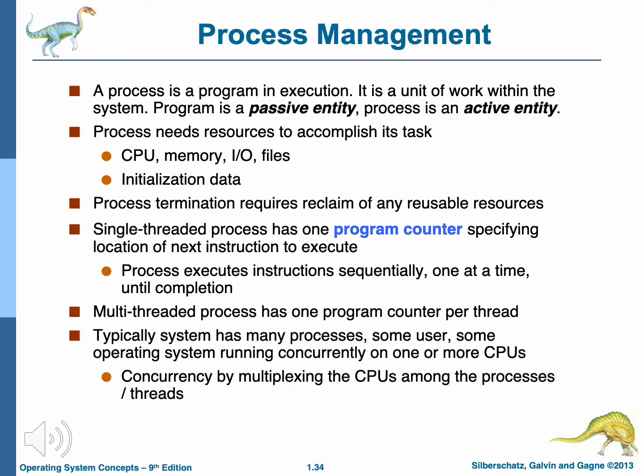Further, at any time, one instruction at most is executed on behalf of the process. Thus, although two processes may be associated with the same program, they are nevertheless considered two separate execution sequences. A multi-threaded process has multiple program counters, each pointing to the next instruction to execute for a given thread.